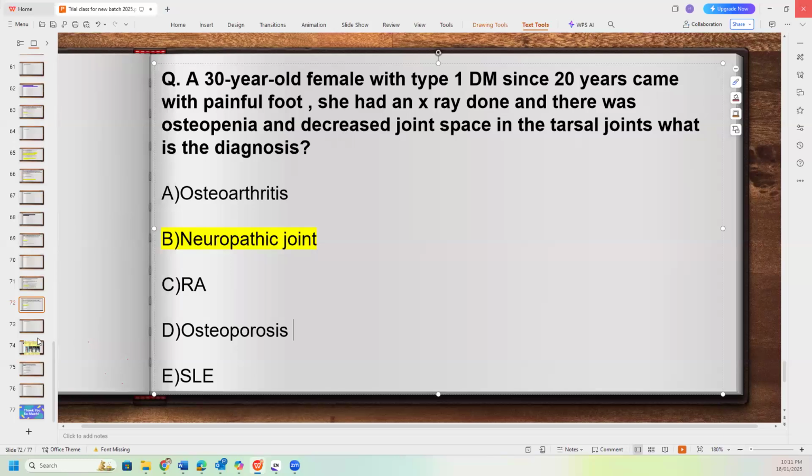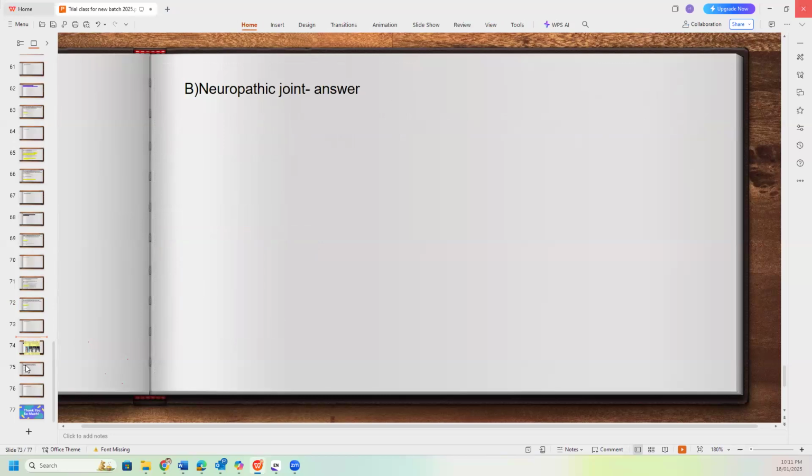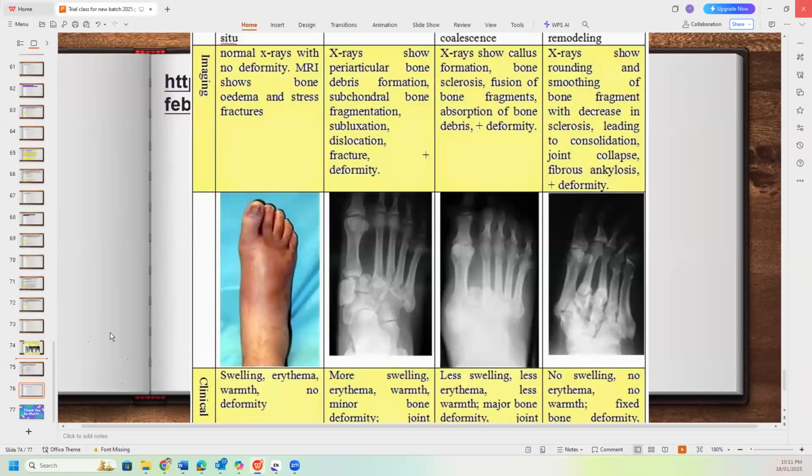Is it clear, guys? So your answer is neuropathic. This is how a neuropathic joint presents. There is osteopenia, osteoporosis, and then deformation of the joint, ankylosis basically.